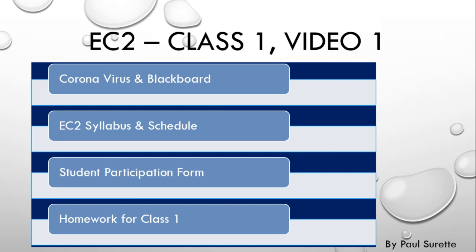Next, we'll look at the syllabus and the schedule for this course. Third, we will look at a student participation form. This is a form you will use often in this class. And finally, I will talk about the homework for this first video of class 1.